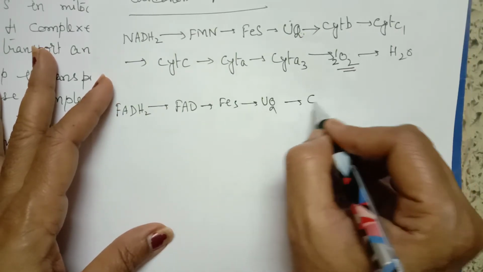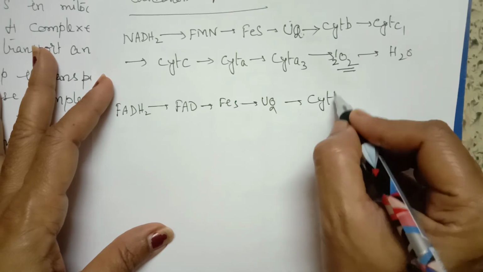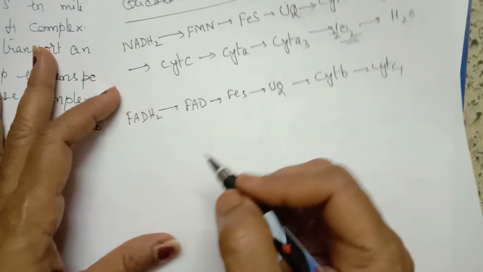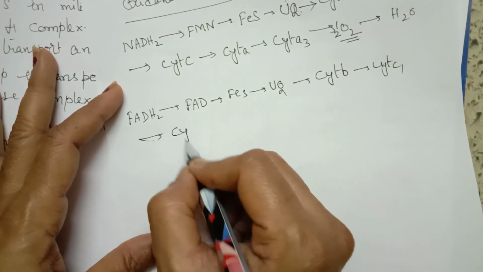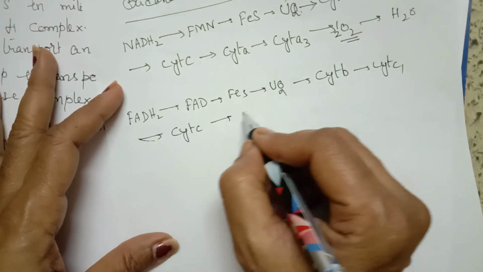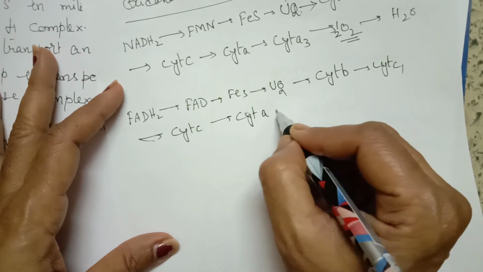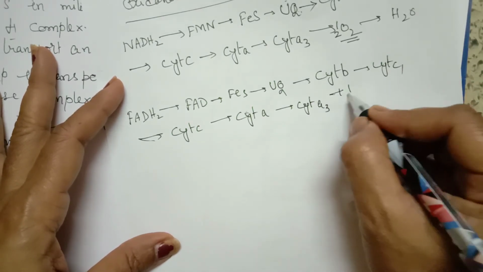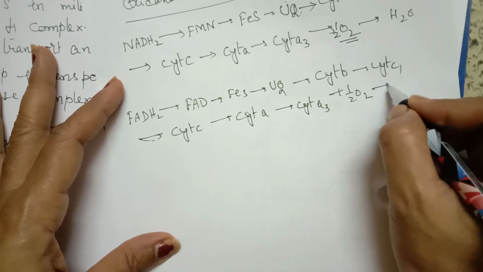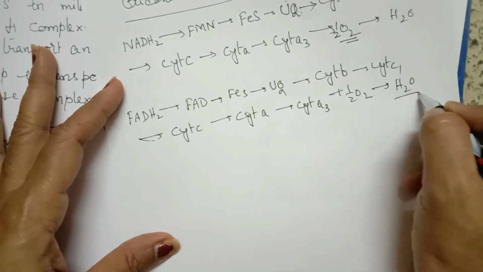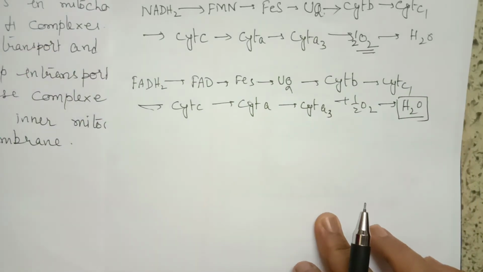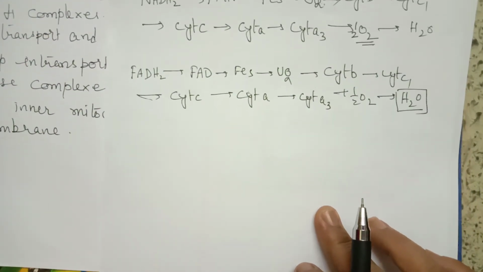Ubiquinone, just like the NADH2, goes to third complex, cytochrome B, and then it is the same, cytochrome C1, and then to cytochrome C and cytochrome A, and then A3, and then half O2, and finally release of one water molecule. This is the path for FADH2 also.